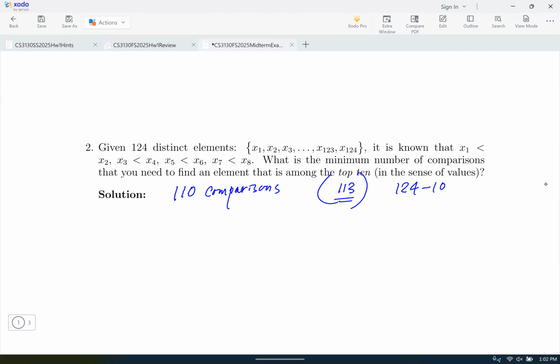Think about it: with the given condition, the information gives you the results of 4 comparisons, right?